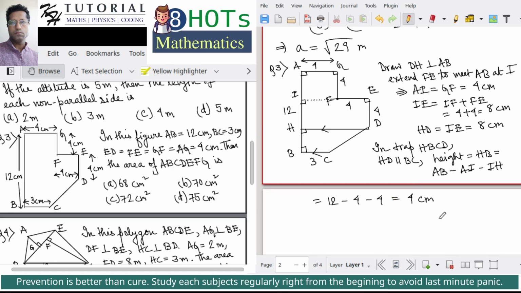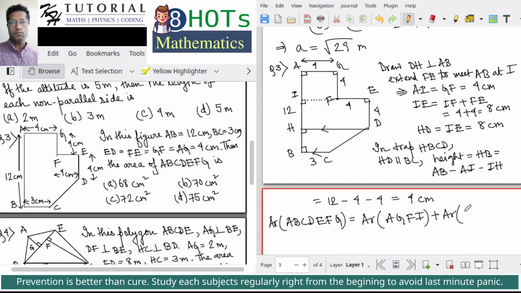Okay, so now the area of the figure ABCDEFG is equal to the area of the square AGFI plus the area of the rectangle IEDH plus the area of the trapezium HBCD.